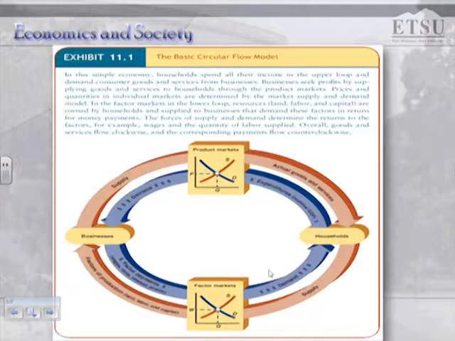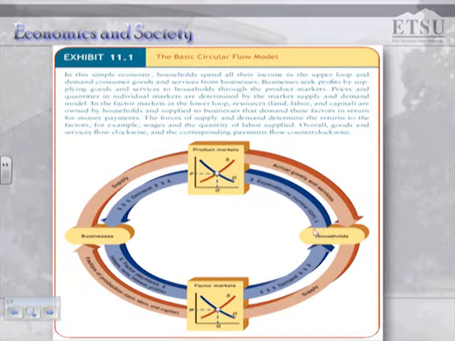And remember that every person that is working as a manager, decision maker in a business, or working as a laborer, or someone that is somehow involved in a business, is also a person that is involved in the household decision making too, right?